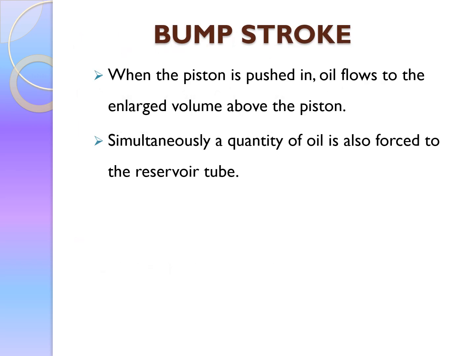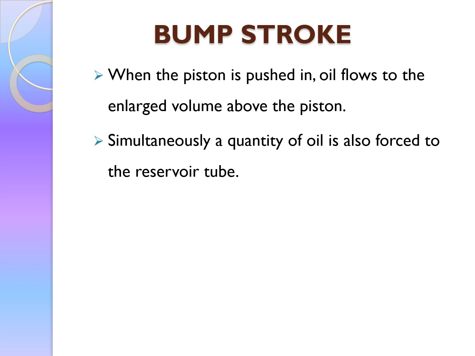In the bump stroke of twin tube shock absorbers, when the piston rod is pushed in, oil flows without resistance from below the piston through the orifices and the non-return valve to the enlarged volume above the piston. Simultaneously, a quantity of oil is displaced by the volume of rod entering the cylinder.